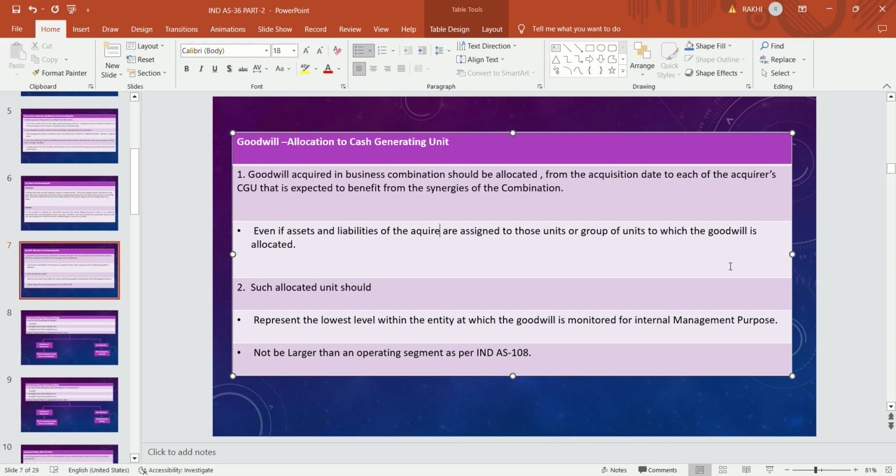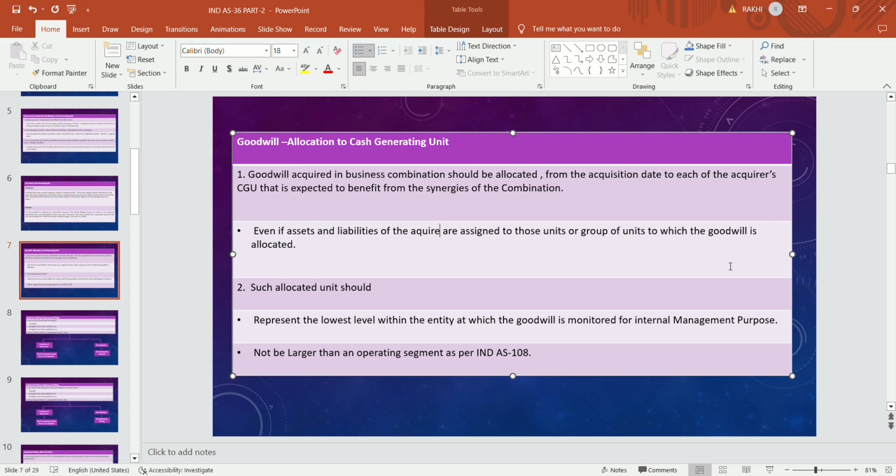If the assets and liabilities of the acquirer are assigned to those units or group of units to which the goodwill is to be allocated, such allocated units should represent the lowest level within the entity at which the goodwill is monitored for internal management purposes and not be larger than an operating segment as per Ind AS 108.